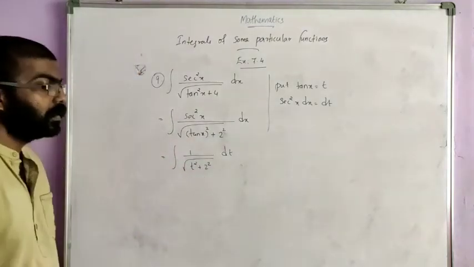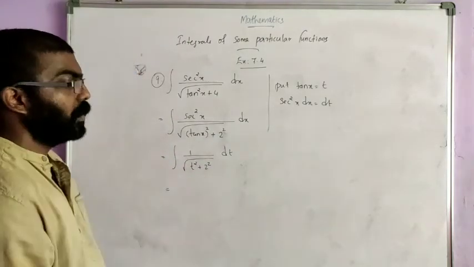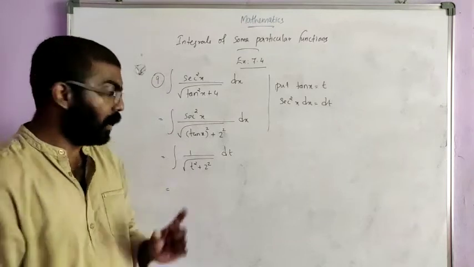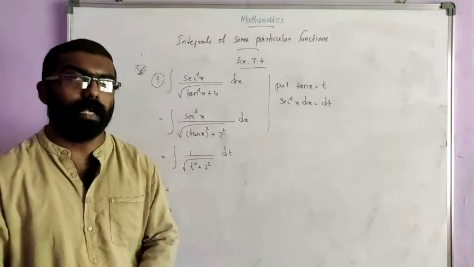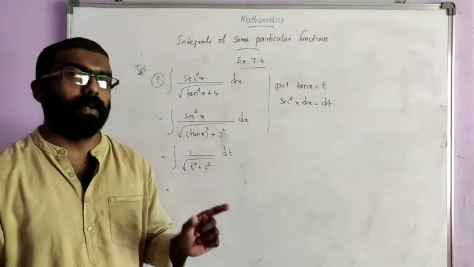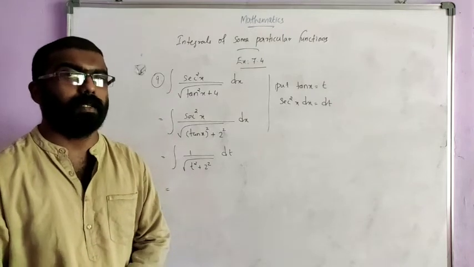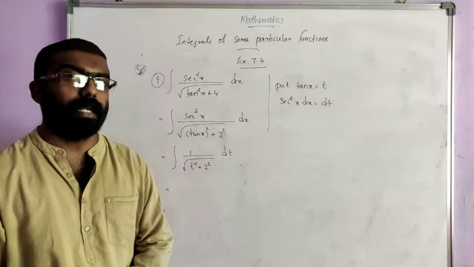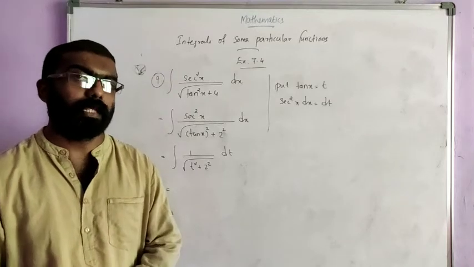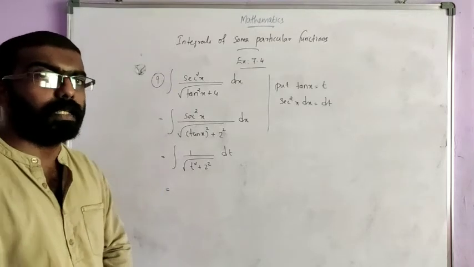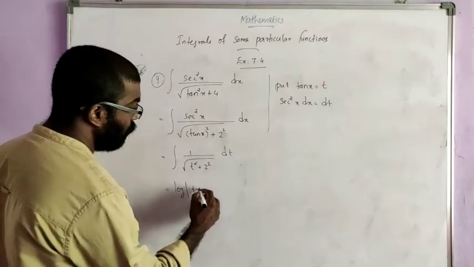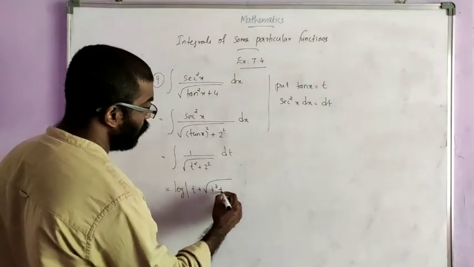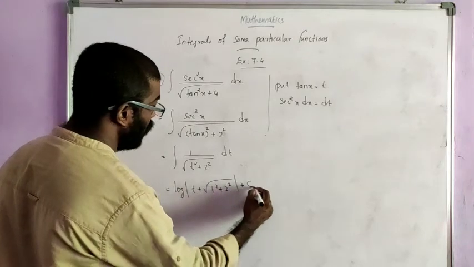Now it is of the form integral 1 by root of x square plus a square dx. What is the answer? Log mod x plus root of x square plus a square. So here log mod t plus root of t square plus 2 square plus c.